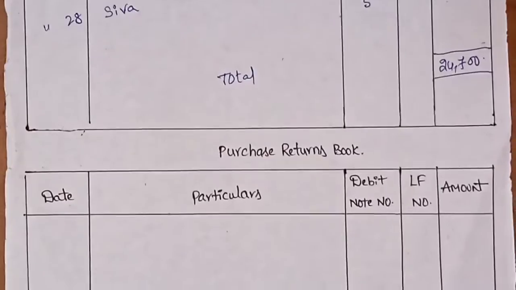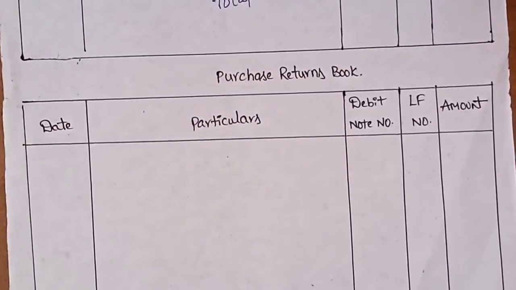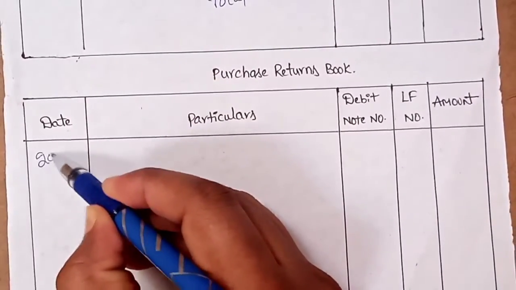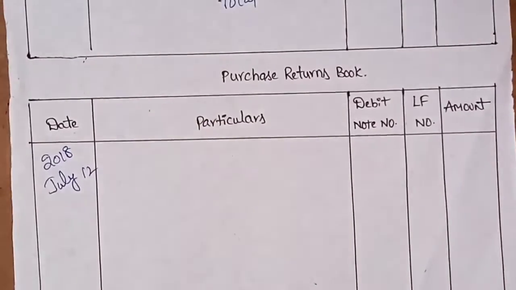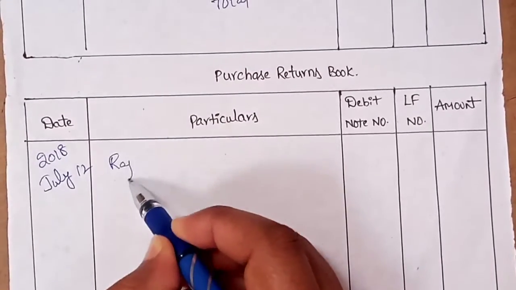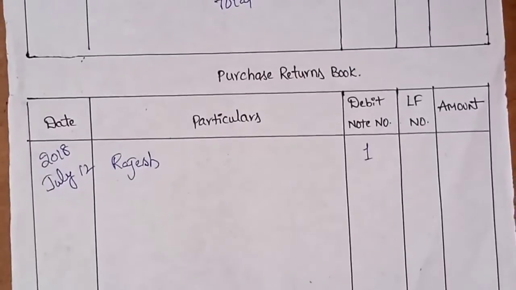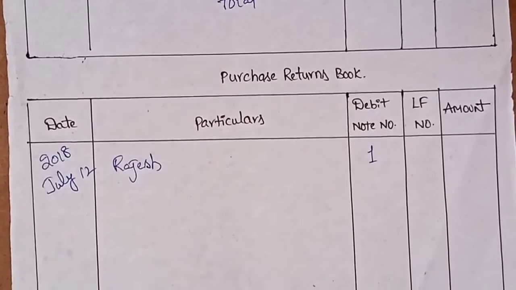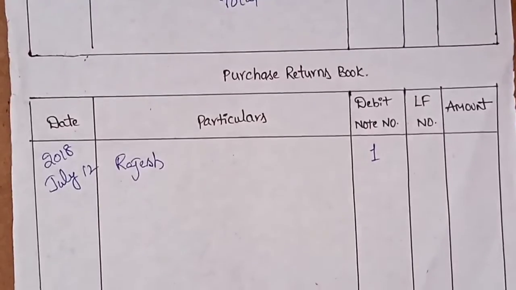Next, purchase returns book. So date is 2018 July 12th, supplier name is Rajesh, debit note number 1. Why? Because in this problem they didn't give any debit note number, that's why we put serial numbers 1, 2, 3 like that.